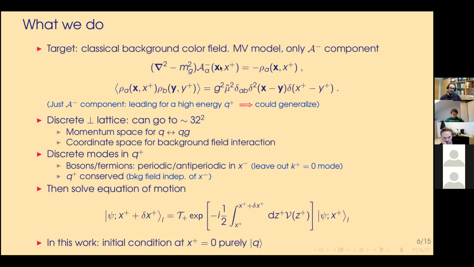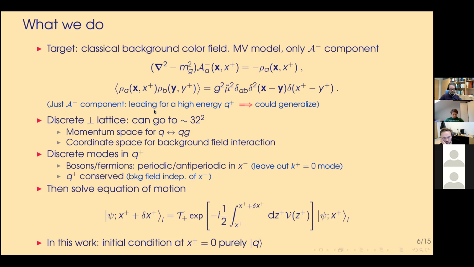Because we assume that our background field is independent of x minus, the longitudinal spatial coordinate, in this light cone time, it means that the total plus momentum of our system of particles is conserved when it interacts with this kind of background field. Again, something one could give up in principle. It would just make the calculation more complicated. It's not a fundamental thing, it would just be a pain, but in principle it could be done.